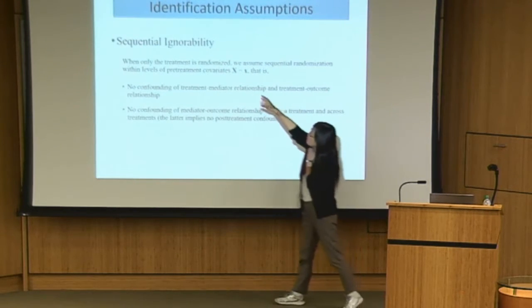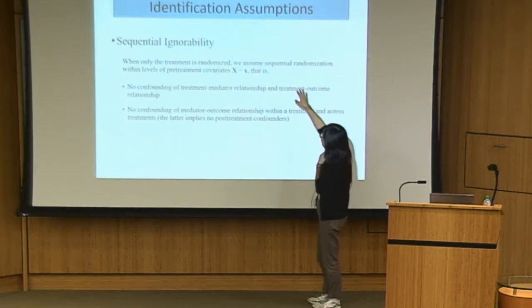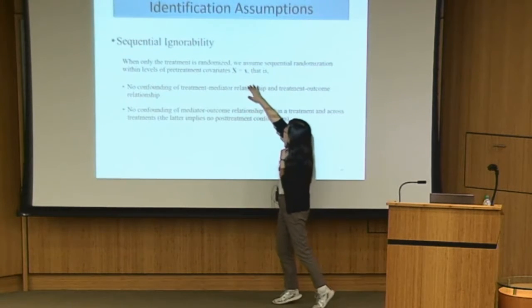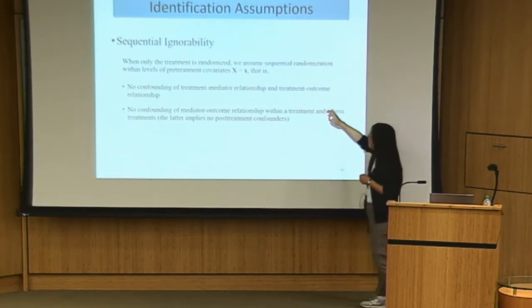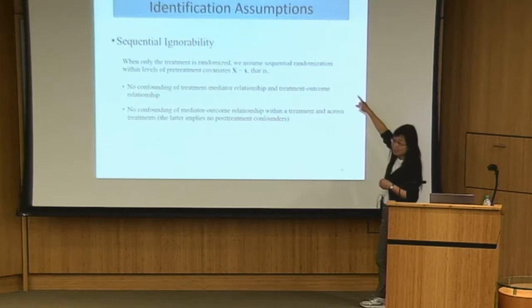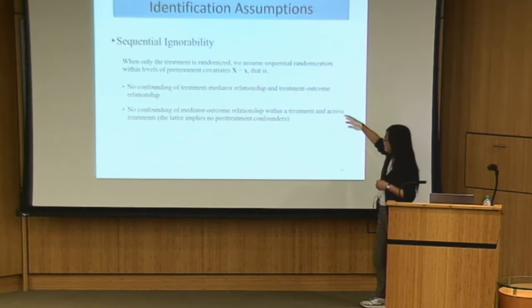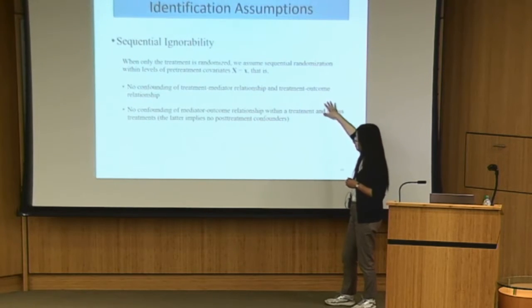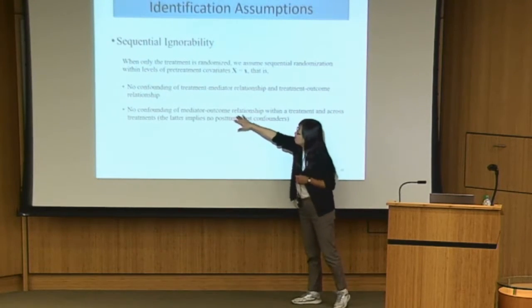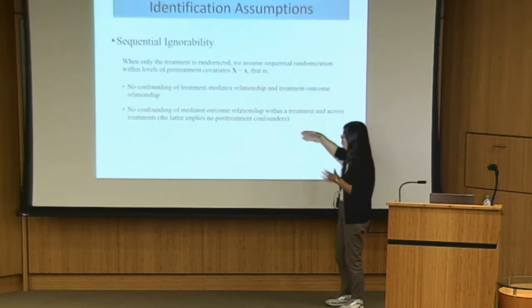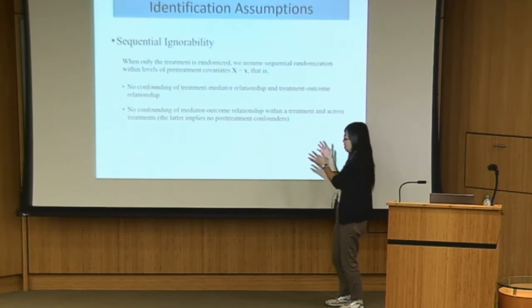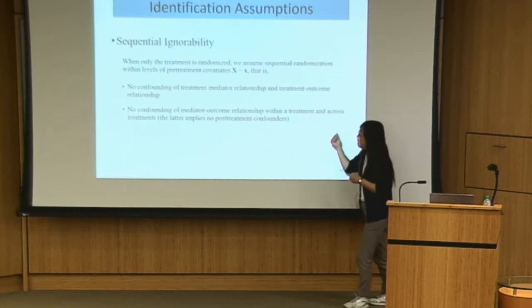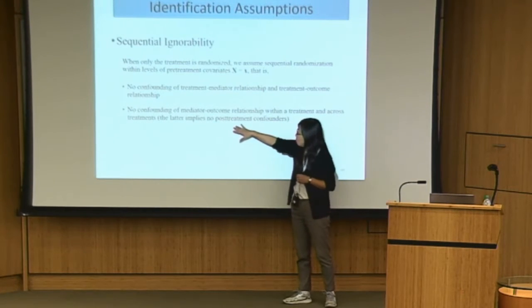In this case, the treatment is already randomized, but we do have to assume that within levels of the pre-treatment covariates that we have observed, there's a sequential randomization. Such that there's no confounding of the treatment-mediator relationship, no confounding of the treatment-outcome relationship, and more importantly, no confounding of the mediator-outcome relationship within a treatment and across treatments. And the latter implies that there's no post-treatment confounding.